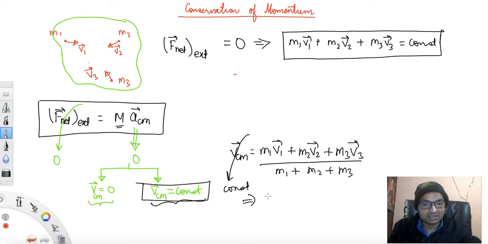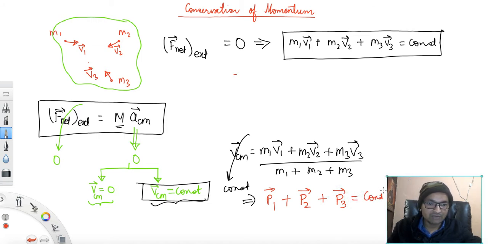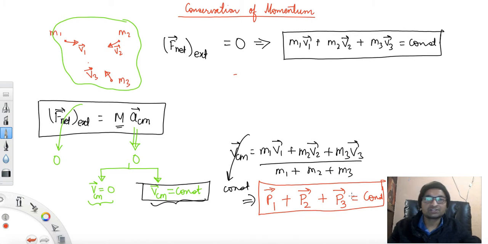So here we say that m1 v1, which is the momentum of the first particle, plus m2 v2, which is the momentum of the second particle, plus m3 v3, which is the momentum of the third particle, is equal to constant. And this is the proof of conservation of momentum for a system.